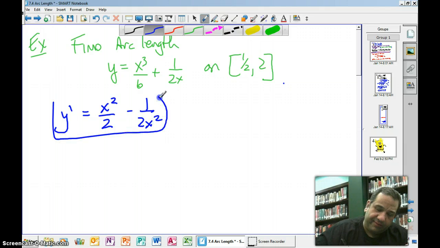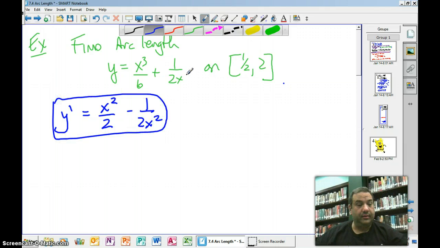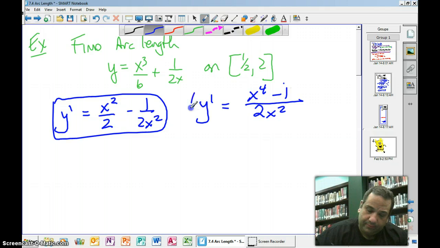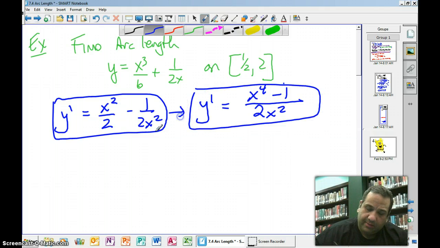So that's the derivative of that. All right, I'm going to put it all together, make it nice. So it's going to be 2x squared as a common denominator, and up top, this is going to be x to the 4th minus 1. All right, so that's just getting a common denominator and rolling.